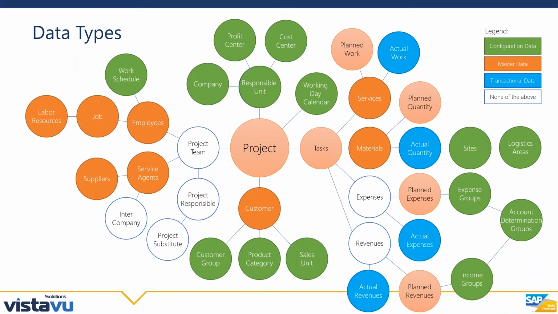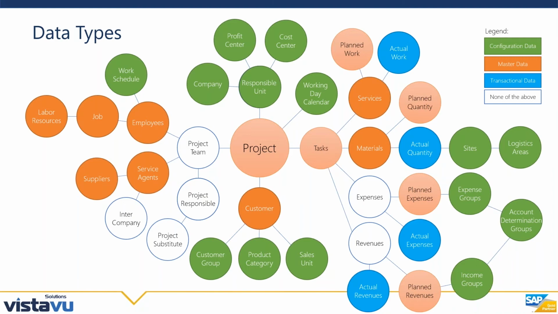So there's a lot there that we've covered. Really the main thing to understand and take away from this overview is, again, what are all these data elements that are coming into play when we're working with projects, and getting familiar with some terminology about master data versus configuration versus transactional.